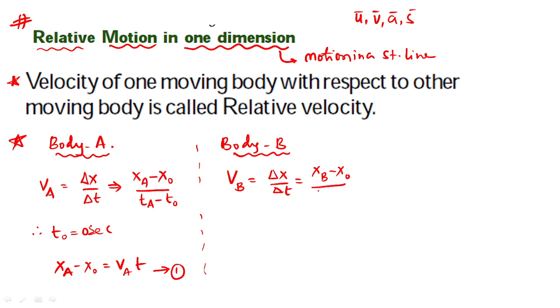Right now it is located at the TB position and originally at T naught. So T naught value initially is 0 seconds. Yes or no? So what answer can I get here? XB minus X naught is equal to VB into TB. Can I write? This is your equation number 2.